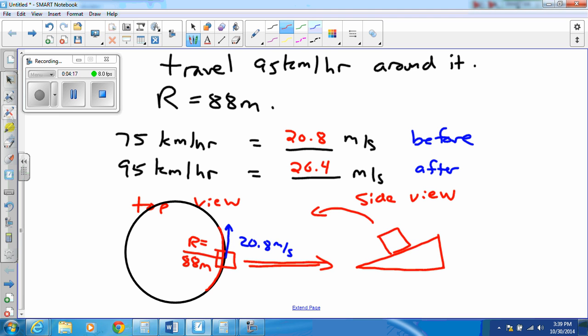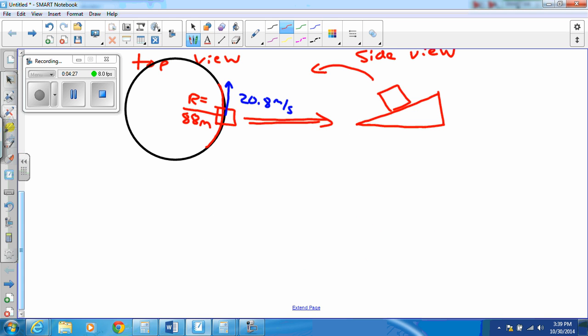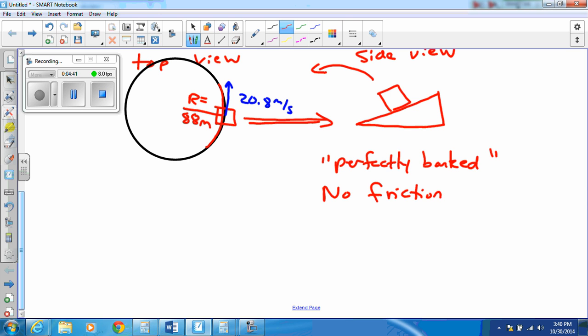As we see it from the side here, we can see that the curve is banked so that it helps to support the car, helps to keep it moving in that circle. Now, the words perfectly banked mean that the car will be able to travel around the curve without the assistance of friction.